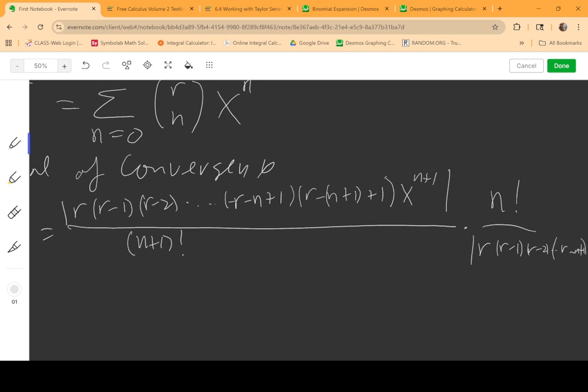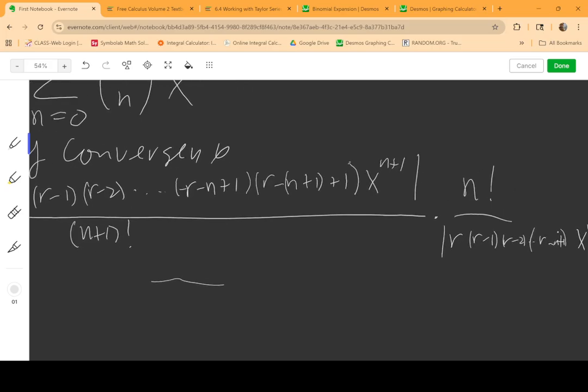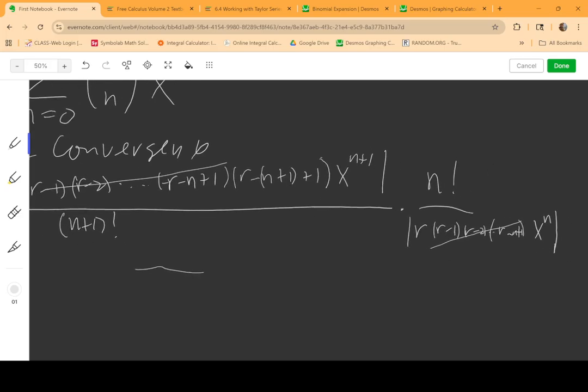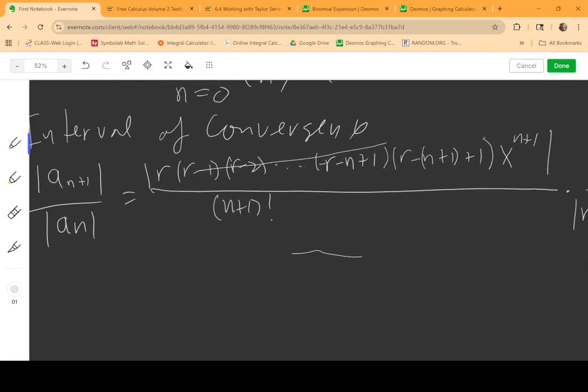Then we see what happens here: this cancels with this here. x to the n plus 1 over x to the n, so we're left with one factor of x. So we get here the absolute value. This is what's left here.